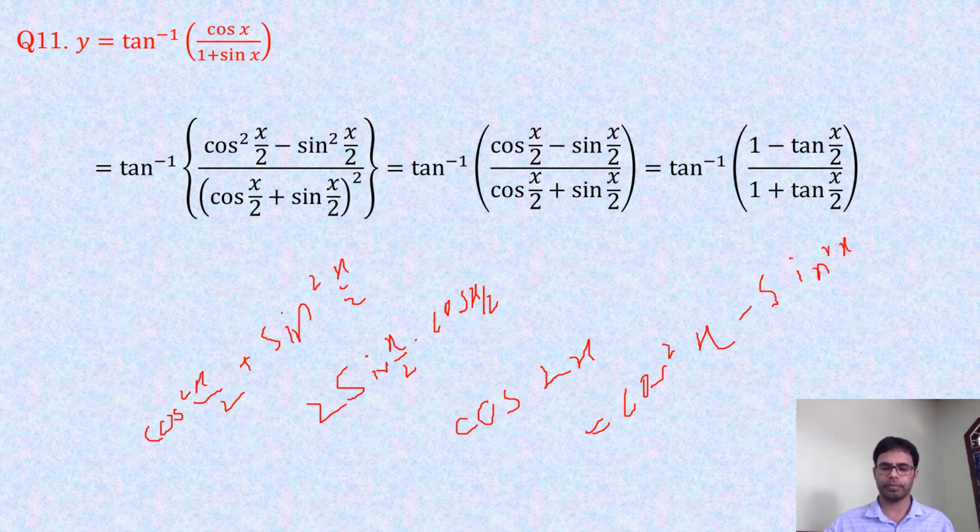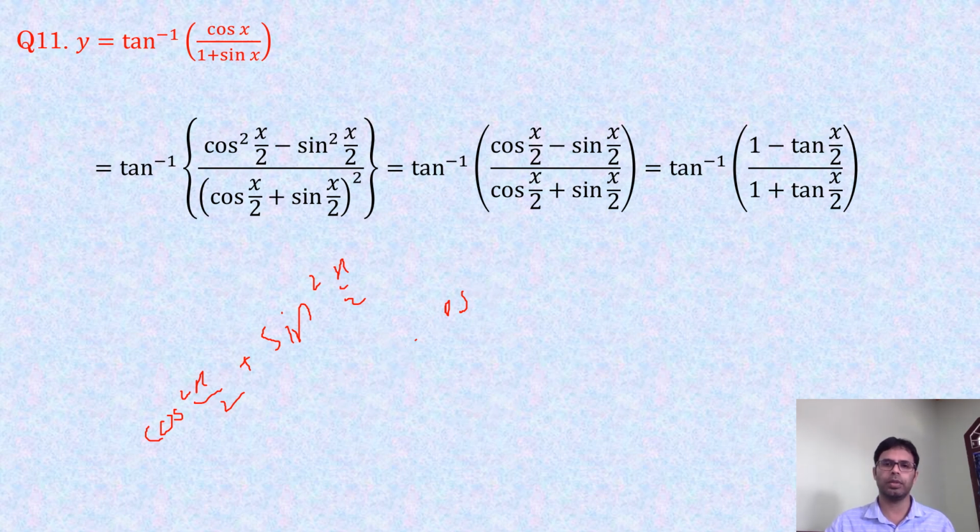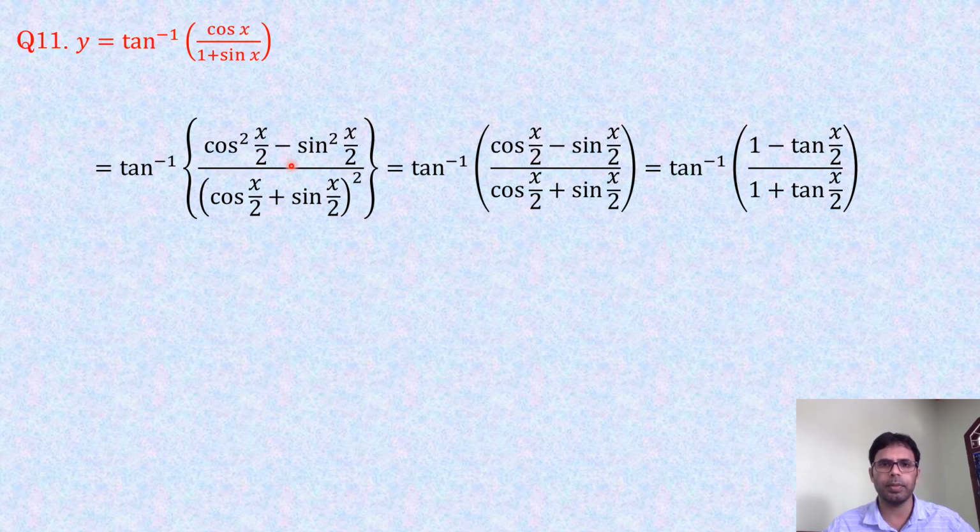But here we have cos x, which is half of twice x, therefore here also x by 2, x by 2. So I am using this formula here. Just wait a minute, I am erasing this. So this cos x is equal to cos square x by 2 minus sin square x by 2.